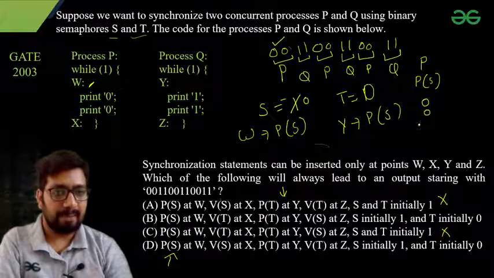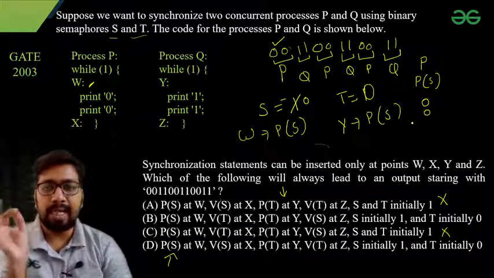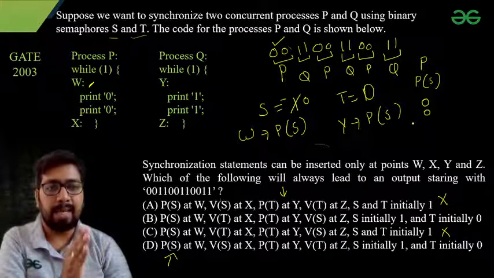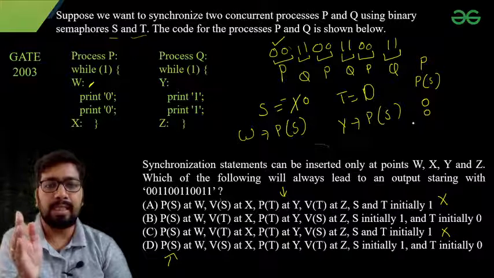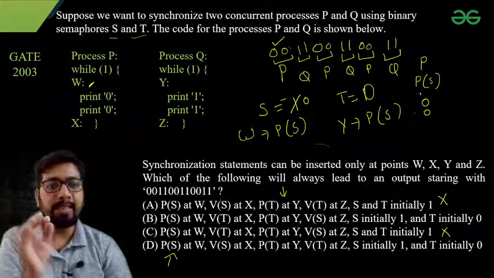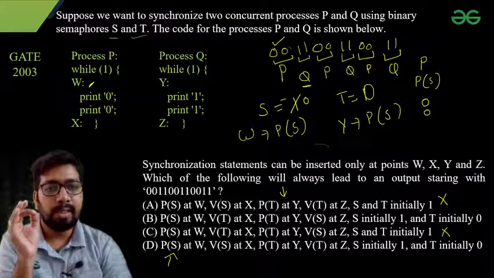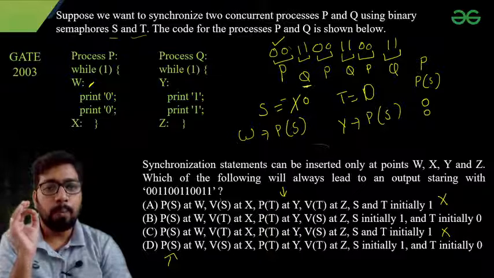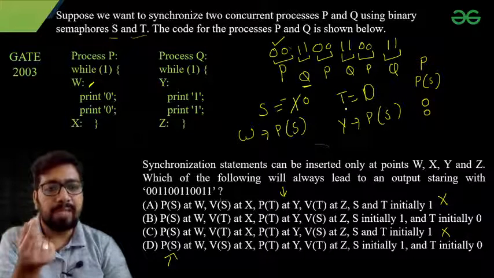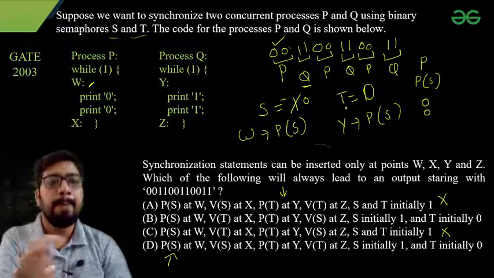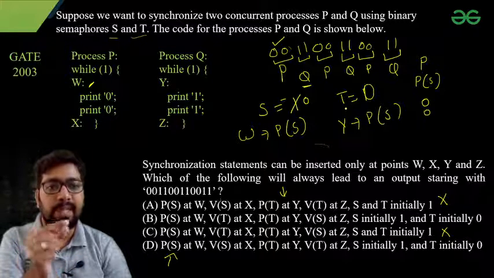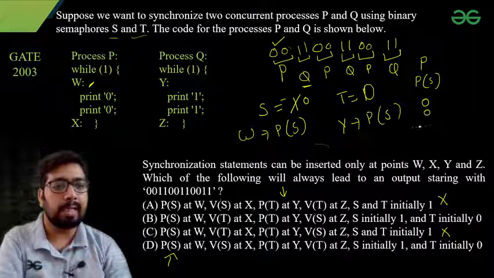After that, I have told you it is the strict alternation method, or the turn variable. That means after P, Q must be performed. To perform Q, the value of the semaphore T must be incremented.